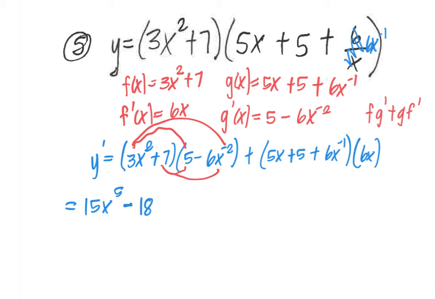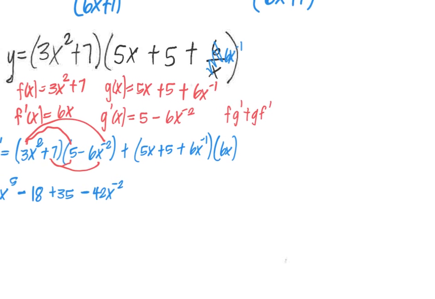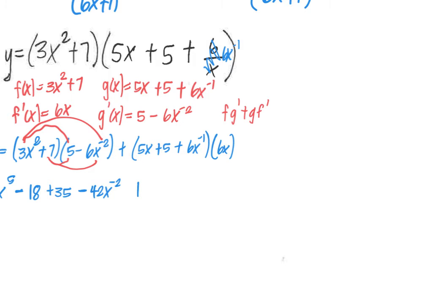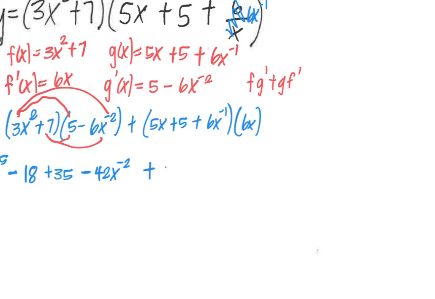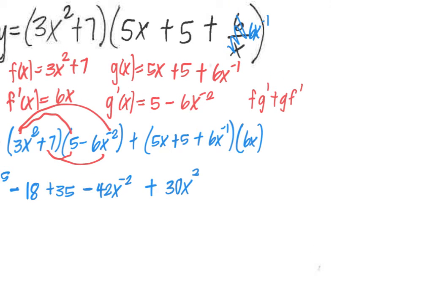Okay, now I'm going to say 7 times 5, and then 7 times negative 6x to the negative 2 is negative 42x to the negative 2. Six x times 5x is 30x squared. 6x times 5 is 30x.